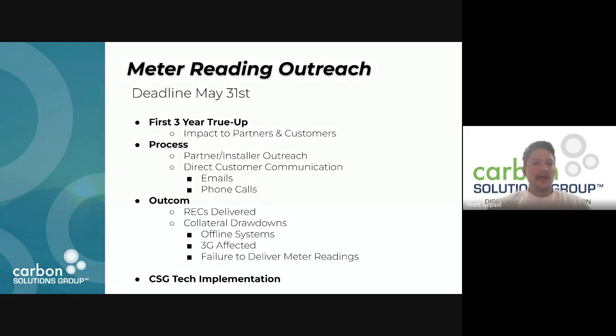So we're building out automated reports for our partners as well as customers, and trying to figure out the best cadence for when we should flag things, when we should communicate, how much communication is effective and how much is too much. So bear with us as we implement these new technologies and new processes to help ensure customers and our partners are aware of how systems are performing.